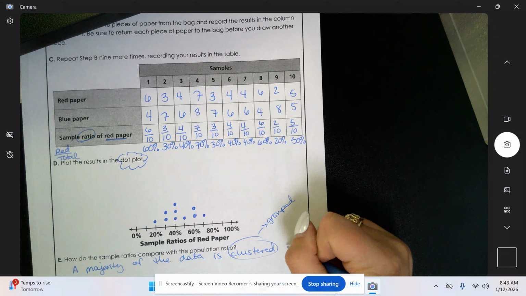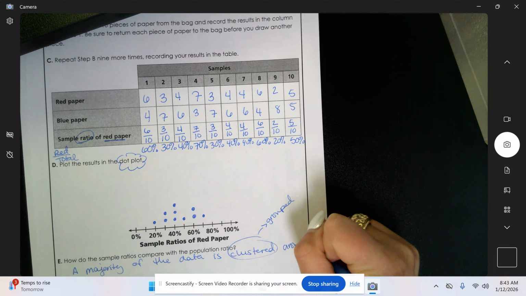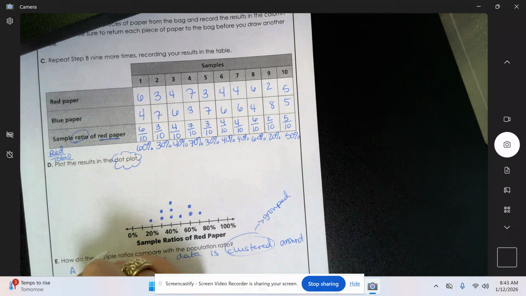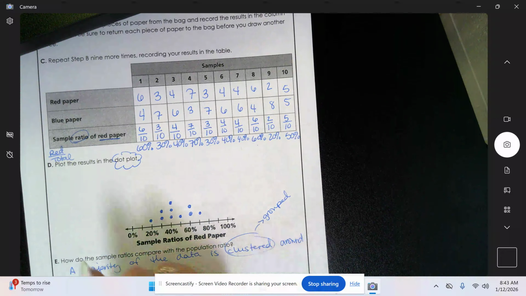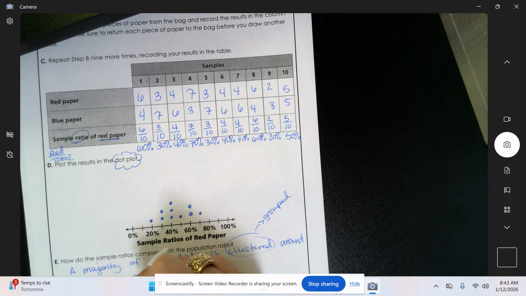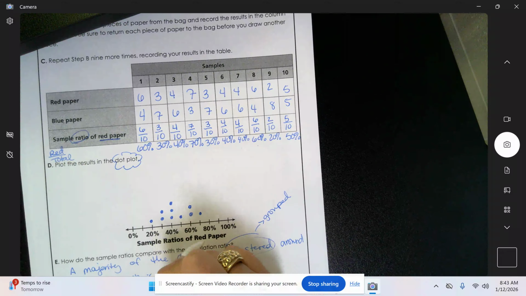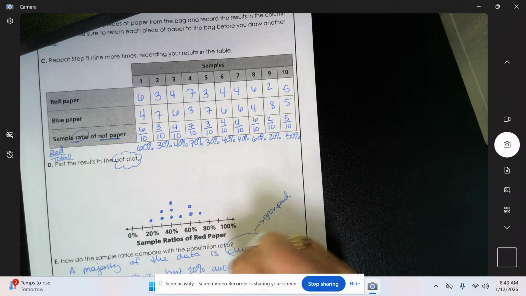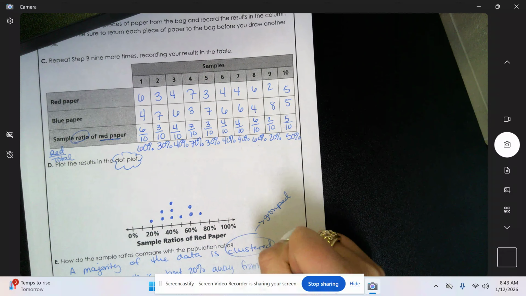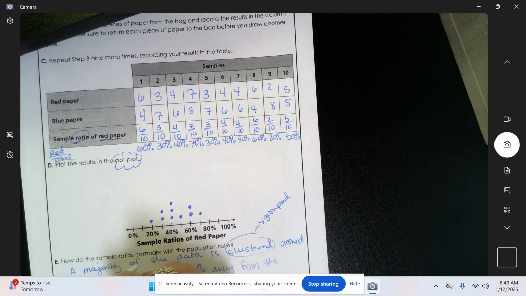Was clustered around 40%. Which is about 20% away from the population.